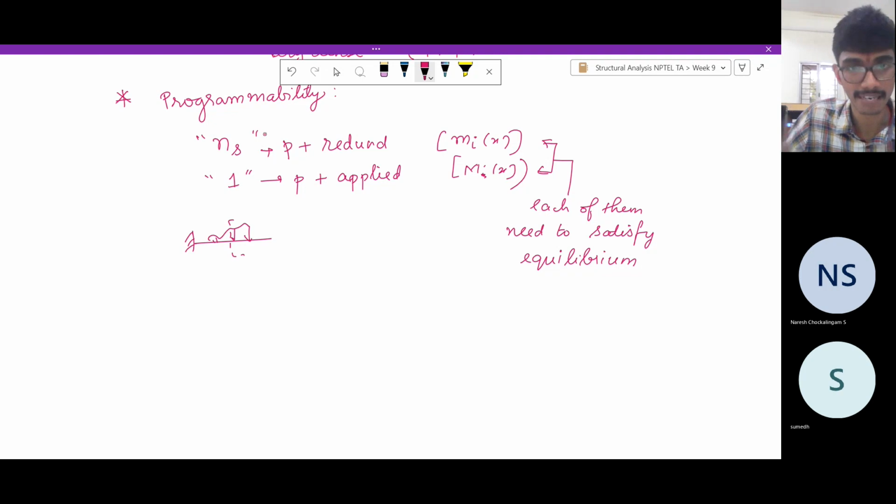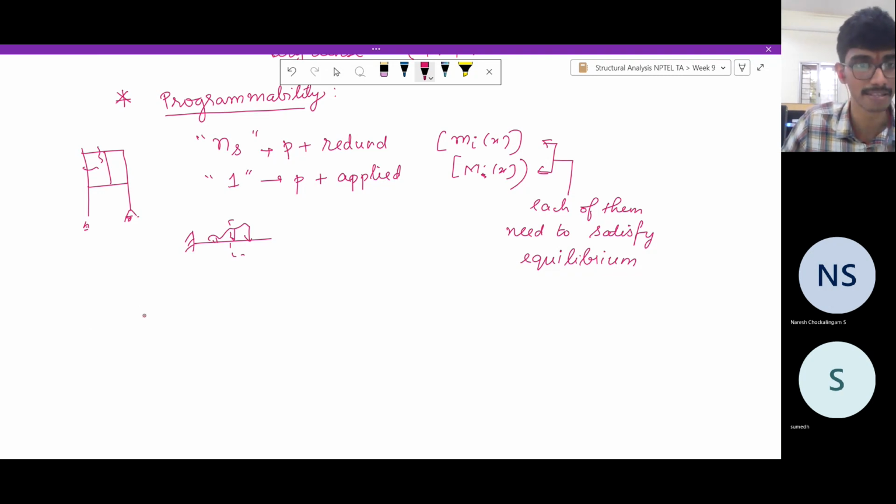Constructing primary structures, redundant structures, and then analyzing them, right? When you have a big multi-story structure, and suppose you cut this off, and you release some reactions, and then analyzing it is a very difficult task. So that cannot be programmed in a computer in a general sense. So that is one difficulty.